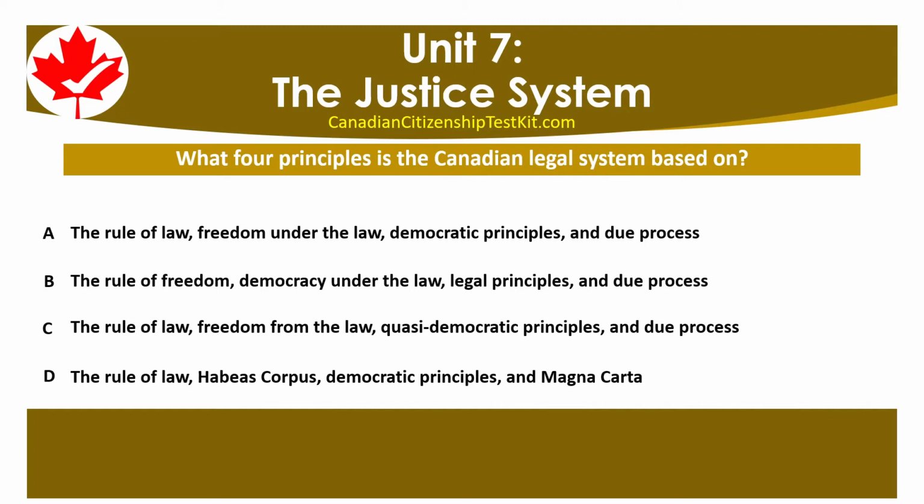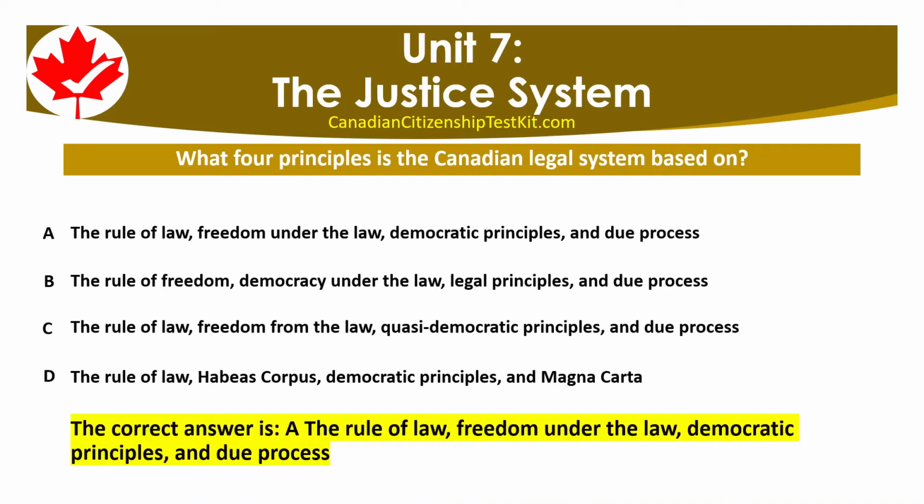C. The rule of law, freedom from the law, quasi-democratic principles, and due process. D. The rule of law, habeas corpus, democratic principles, and Magna Carta. The correct answer is A. The rule of law, freedom under the law, democratic principles, and due process.